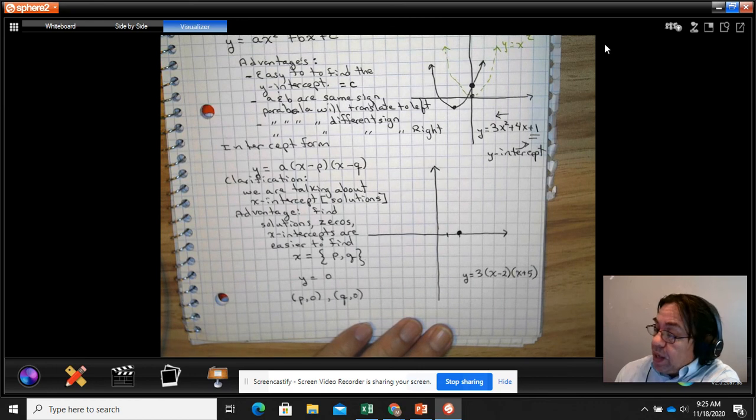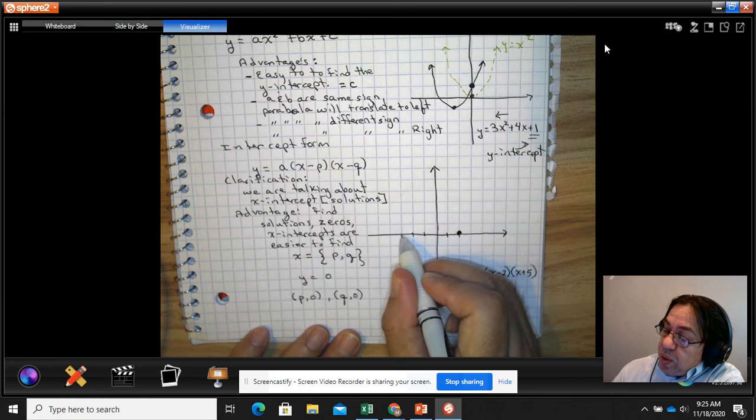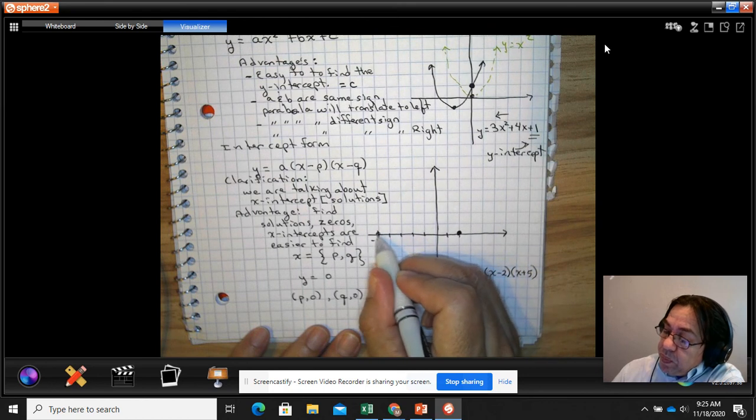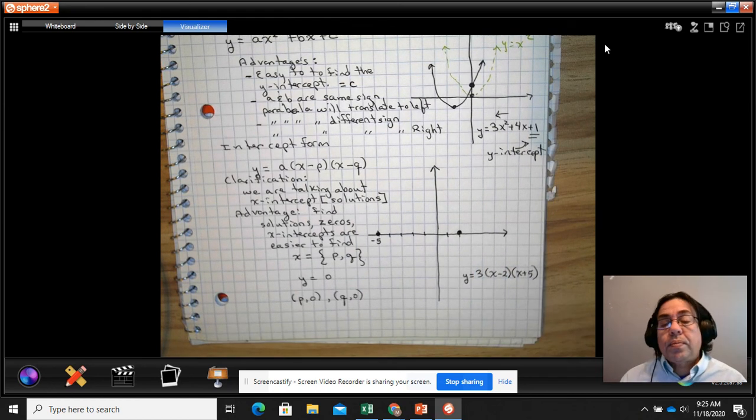And if you looked at yesterday's notes, it gives you the details on this step. For today, we're skipping steps. And we change the sign: negative 5. So we know that it crosses through those two points.